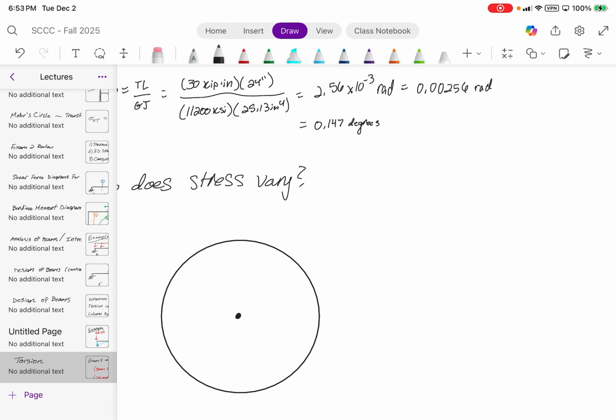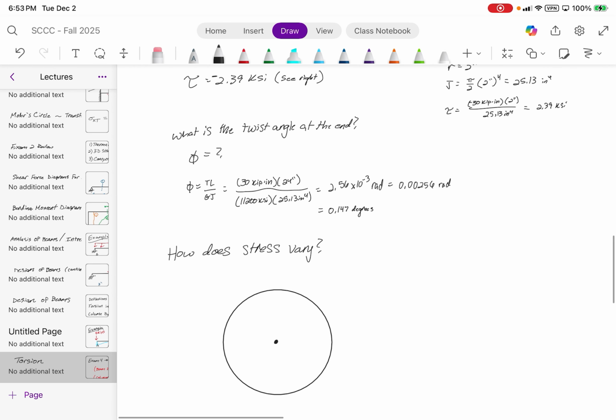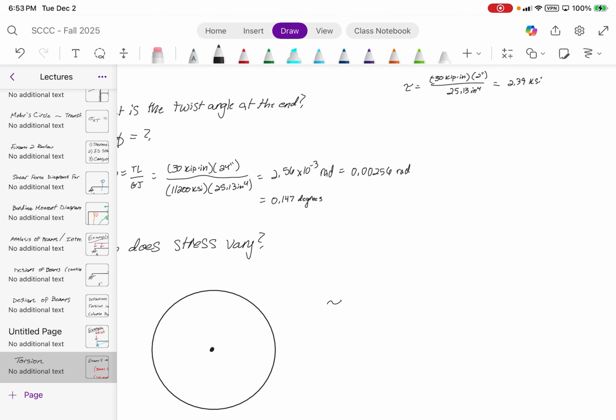All right. One thing I want to elaborate: tau is equal to TR over J. R is not explicitly the maximum radius. R is a position function. So it's the stress in terms of the radial position with respect to its location from the neutral axis. So where would R equals 0 be? At the center.